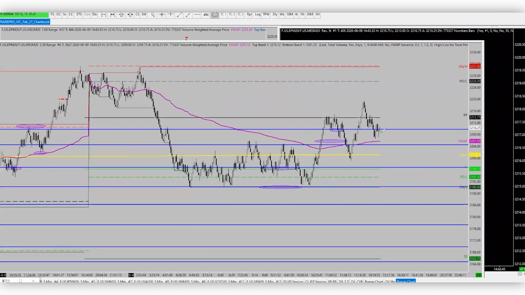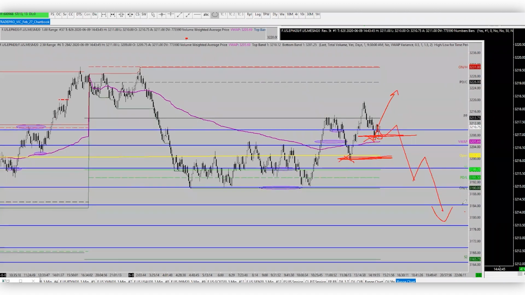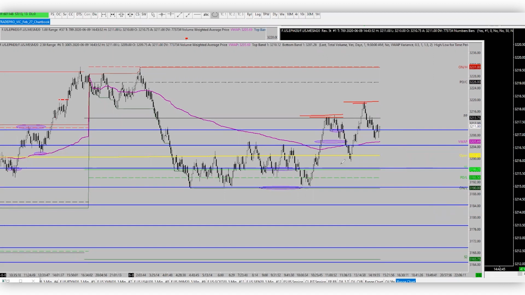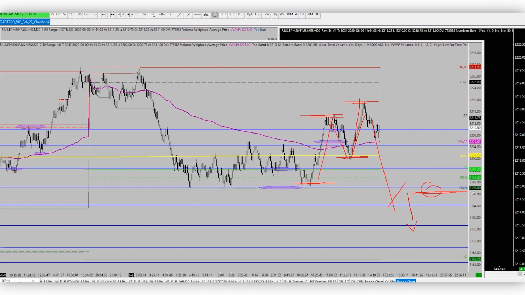Now, if we do manage to print a new higher high from here, from this impulse, then this becomes a second impulse, and this becomes the other impulse at this point, meaning that under these 3200s, we will start transitioning to a more downside move. But for the time being, what we see is this is the current high, this is the prior peak higher, this is the impulse that brought this new high, and this is the impulse that brought this high. So what that means is under these 90s, we get the transition to the bear side at this point.